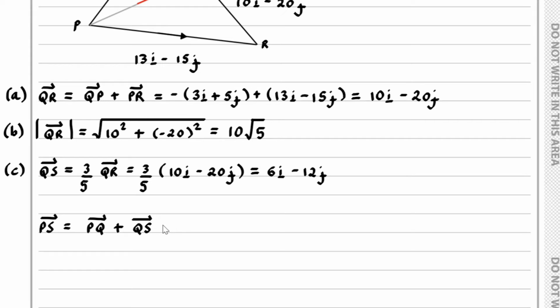So if I add the vector PQ, which is 3i plus 5j, to the vector QS, which is 6i subtract 12j, it turns out the vector PS is equal to 9i subtract 7j.